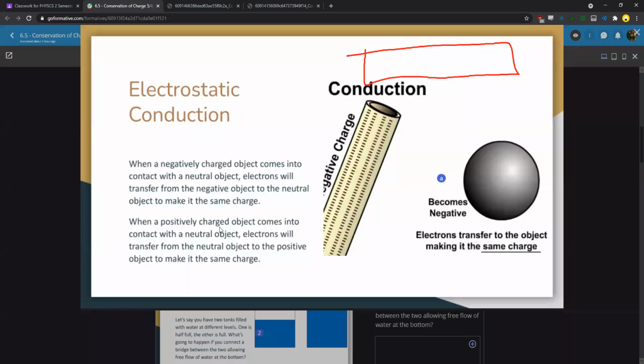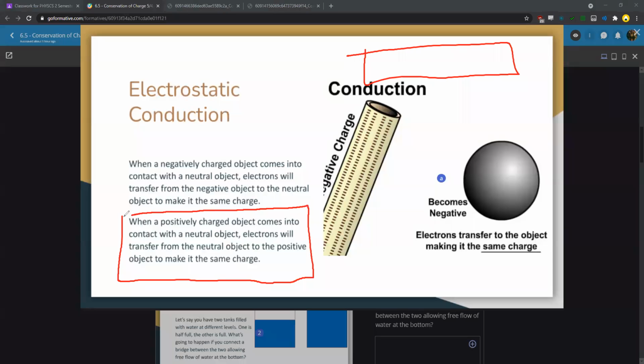On the opposite end of the spectrum, when a positively charged object comes into contact with a neutral object, electrons will transfer from the neutral object to the positive object. So this is the opposite now. To put it this way, whichever side has the most electrons, those electrons will go to the side that has the least electrons.